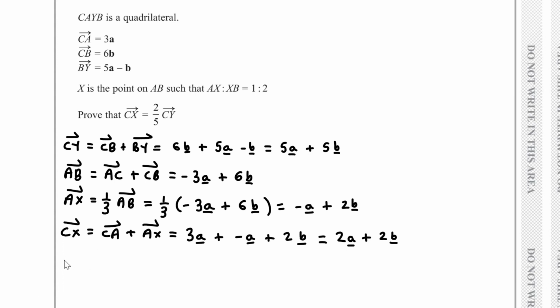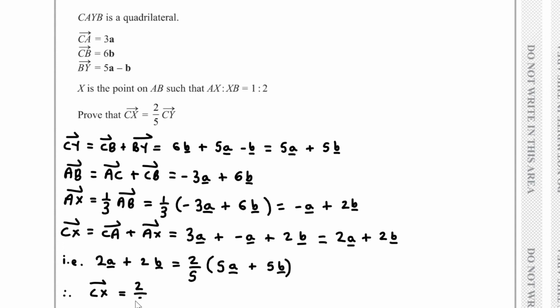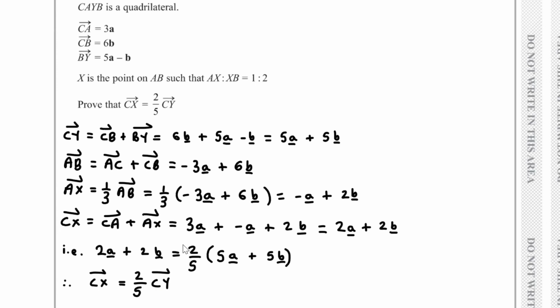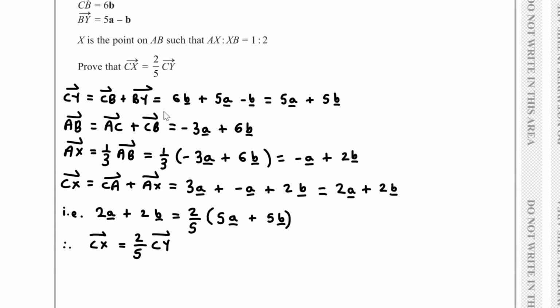In other words, CX, which is 2a plus 2b, is indeed equal to 2/5 lots of CY, which is 5a plus 5b. So therefore CX is equal to 2/5 CY. Hence, we've shown this statement to be true.